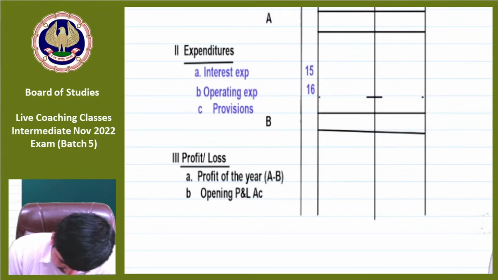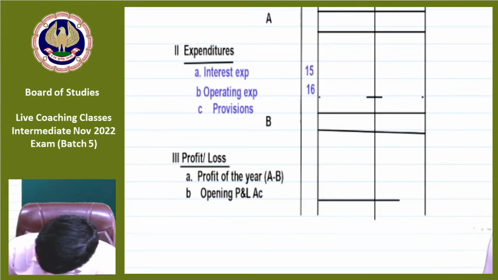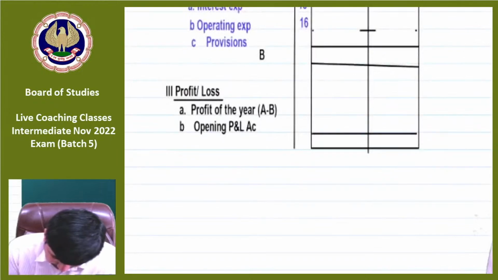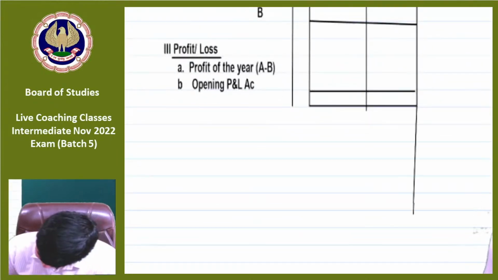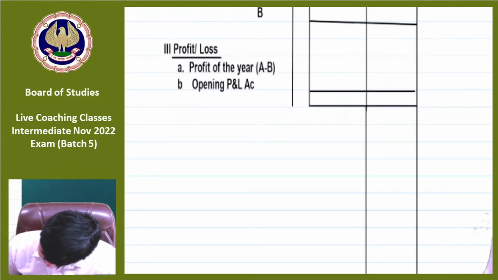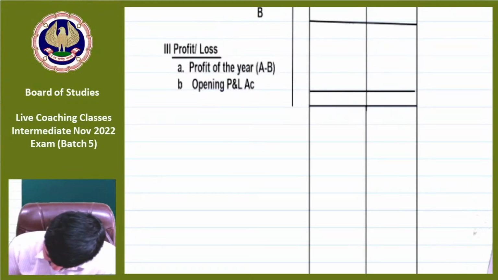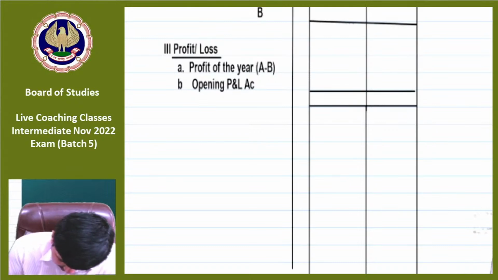Okay, then it will be total figure which is to be appropriated, which we have to appropriate here as per the requirement of question and as per the requirement of statutory. So this total figure will be same, the total of these things.